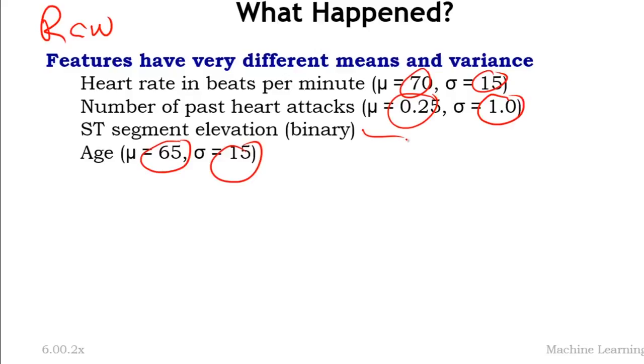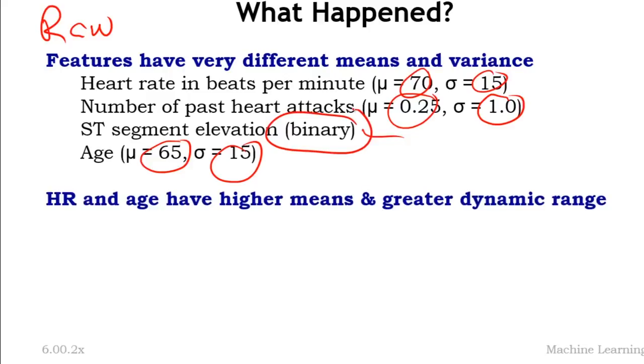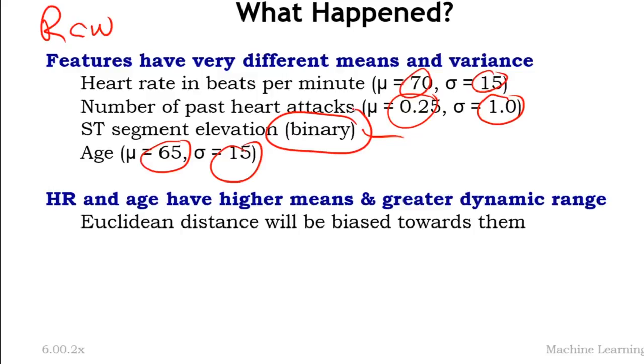And ST segment elevation, since it's binary, is kind of the most constrained of all. What this means is that when we use Euclidean distance to measure how far 2 points are from each other, there's an enormous bias towards age and heart rate.